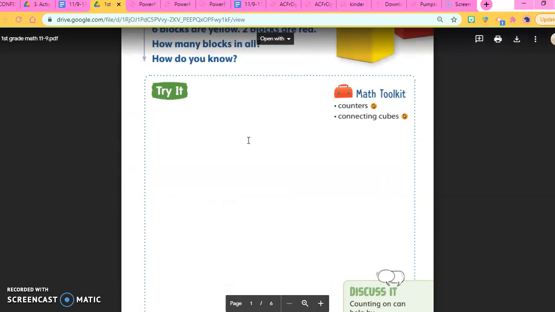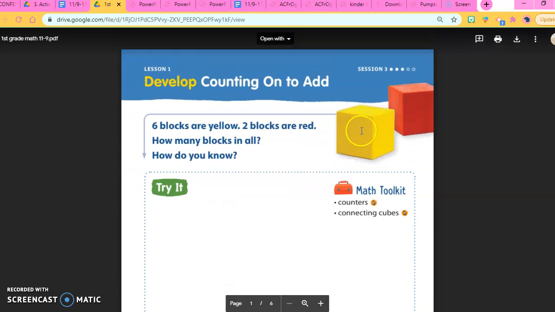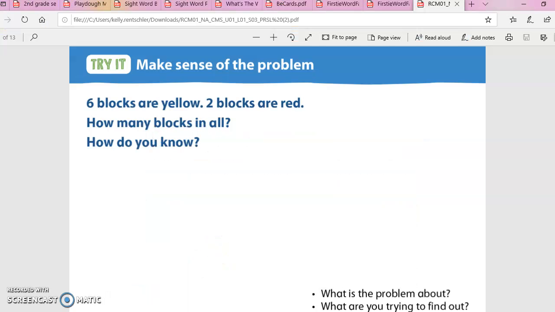So you're going to start on this first page where it has a yellow block and a red block. And my slides do not have the blocks, but it does have the same problem. It says 6 blocks are yellow, 2 blocks are red. How many blocks in all? How do you know?